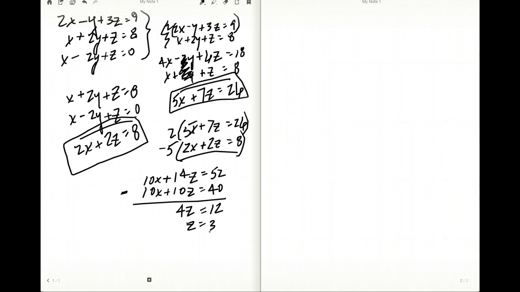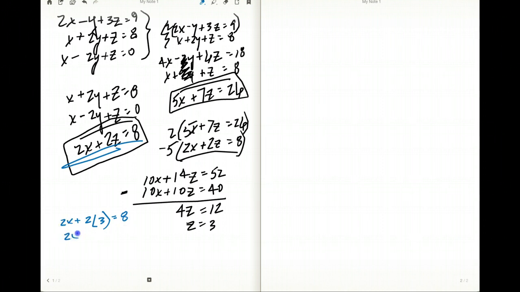Okay. So, once I find out that my z is 3, I can take one of my other equations. So, for example, let's say that I take this equation right here, okay, and I plug a 3 in for z. 2x plus 2 times 3 equals 8.